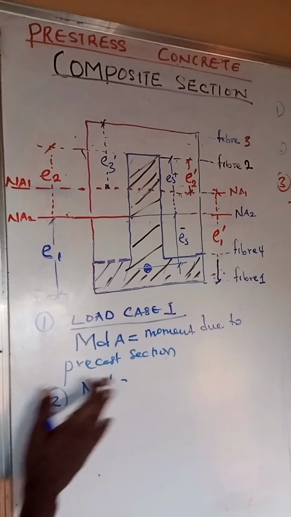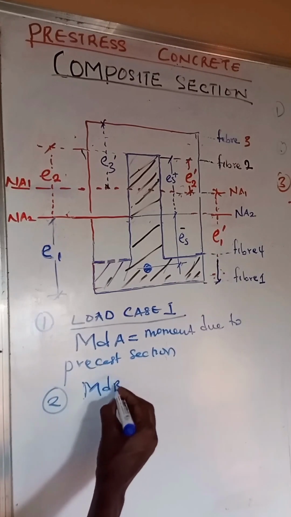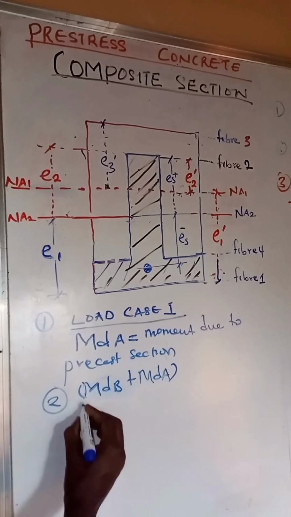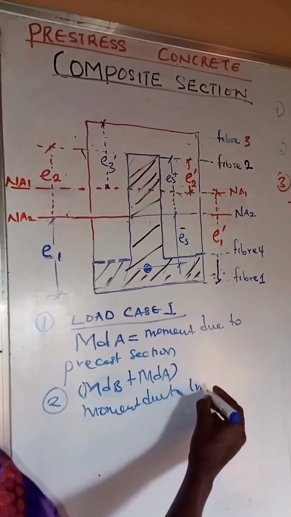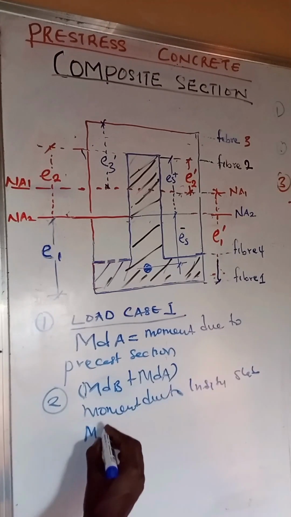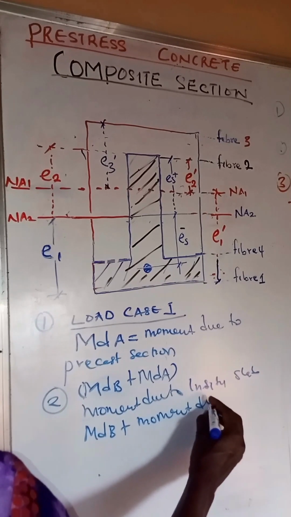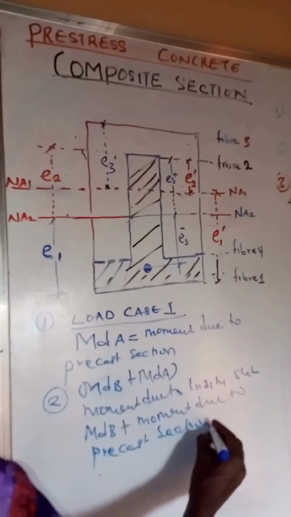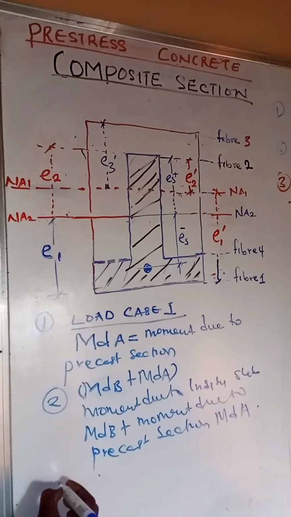So if we call that MDB, it means the load is going to be MDB plus MDA, which is the same thing as moment due to in situ slab MDB plus moment due to precast section MDA. All right, so these are the two load combinations we're going to have.